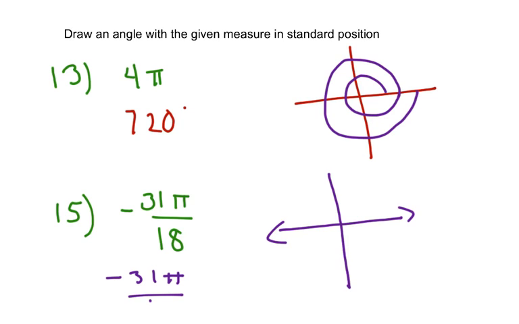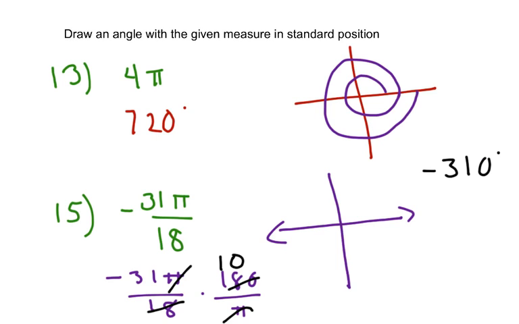So 18 times 180 over pi. So I know the pi's go away. And I know 18 goes into 180 ten times. So I know I'm talking about negative 310 degrees. I know negative means go counterclockwise.